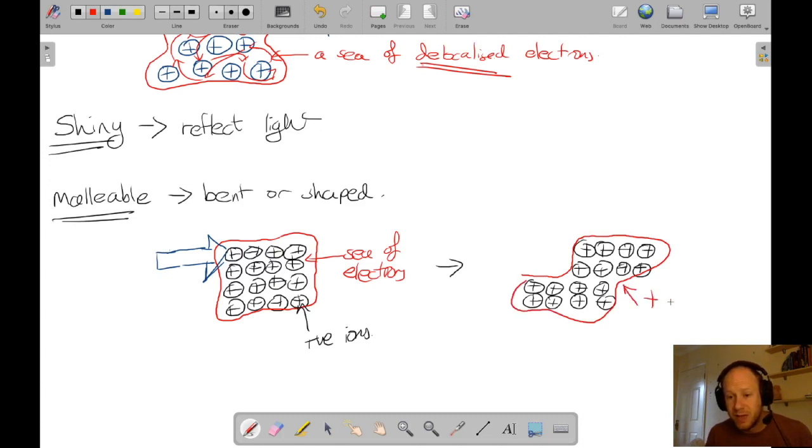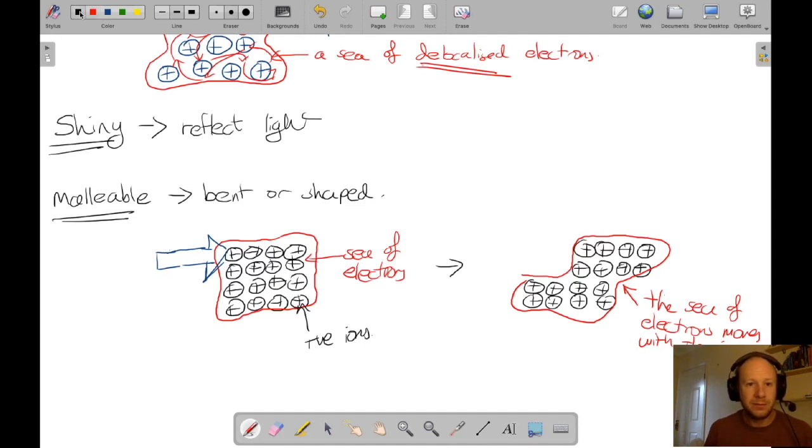So the sea of electrons moves with the ions. And that is why you can bend metals into different shapes, because the sea of electrons still holds the atoms together, because the sea of electrons moves with the positive ions.